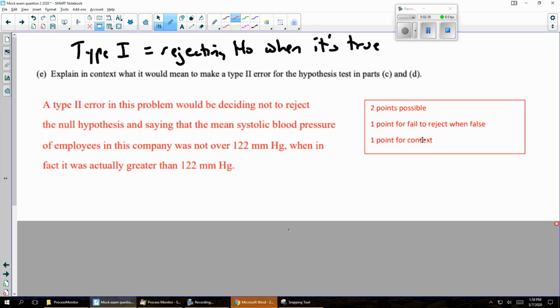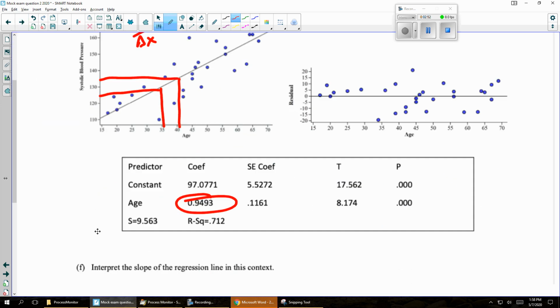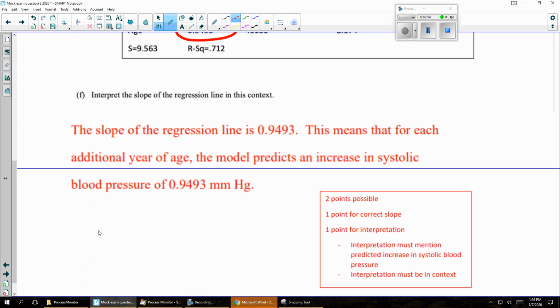Letter E, 1 point for recognizing that you failed to reject when you should have. In other words, correctly understanding what a type 2 error was, and 1 point for context. Context is huge. I hope you're getting that message. 2 points on this question about slope, 1 for the correct slope, and 1 for interpreting that slope correctly.